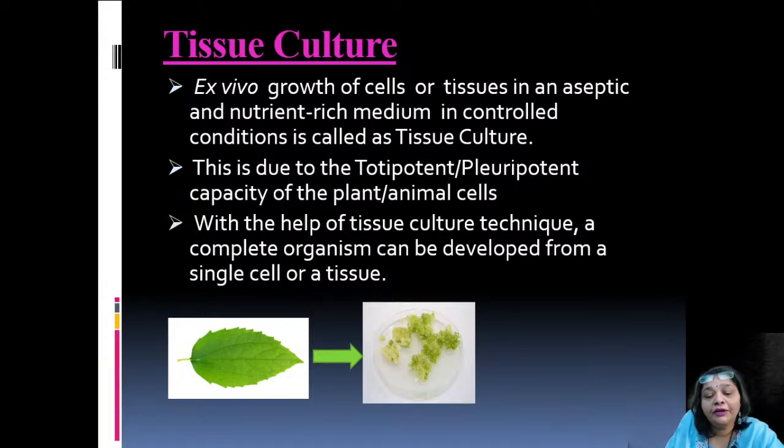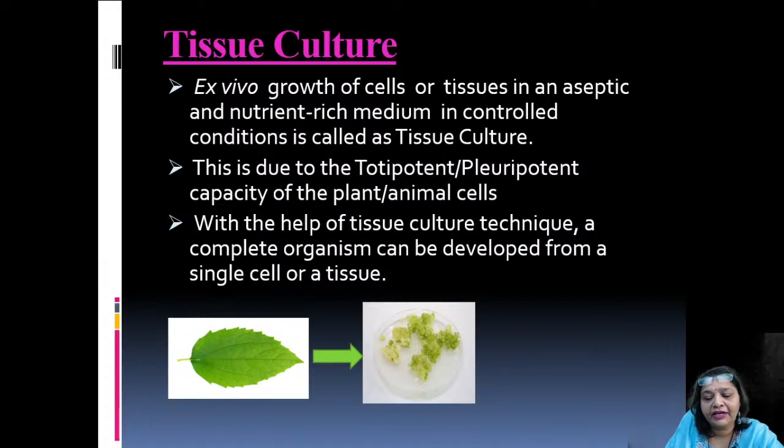Now, new cells develop as a result of cell divisions, and a group of cells called callus grows in this petri dish, which is generally used in tissue culture techniques.